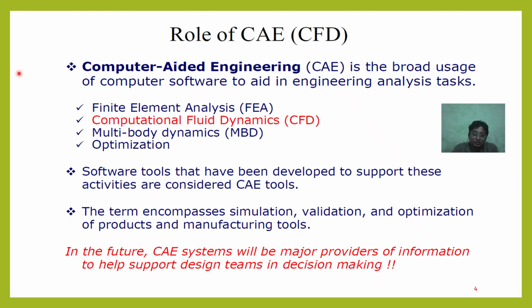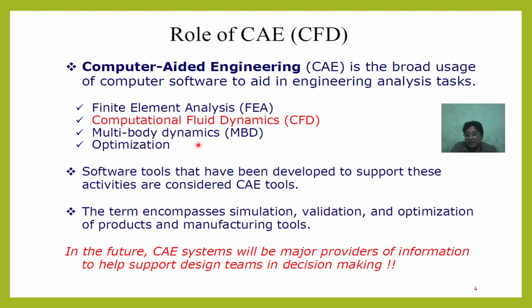So what are the computer aided engineering software applications we can go for? The first one is finite element analysis. When we don't have a limit on any object, we can limit it down and calculate it. Then computational fluid dynamics, that means the fluid that we want to study, we consider it with computational software tools.